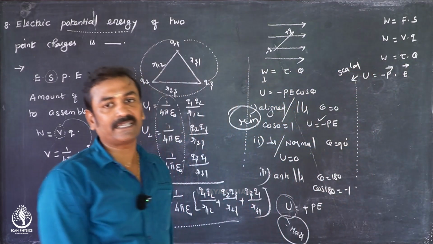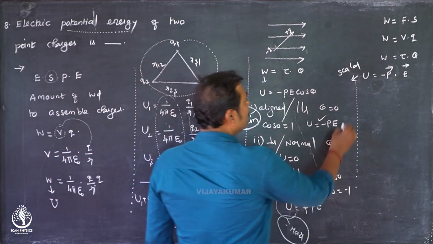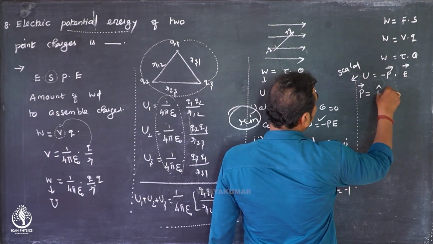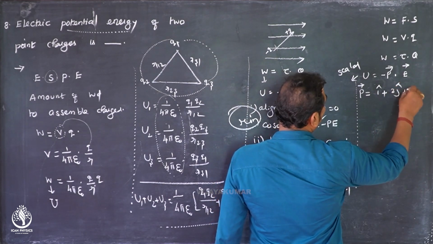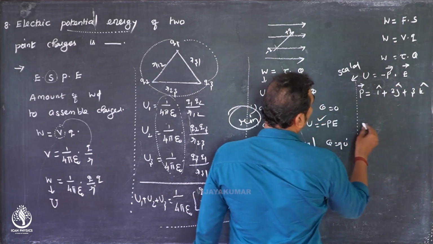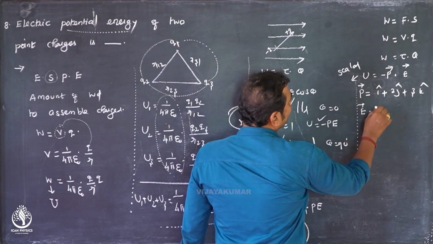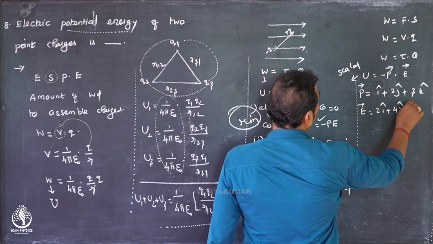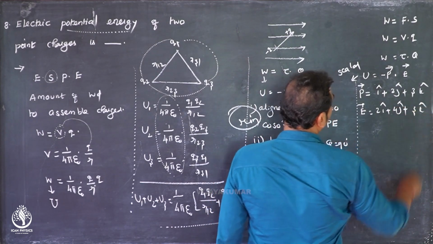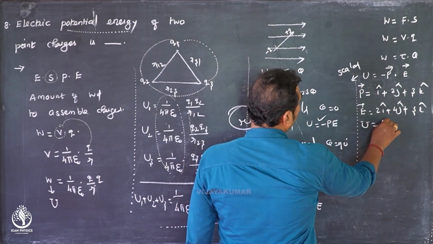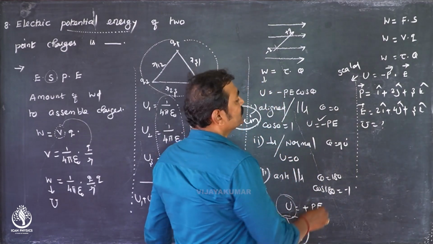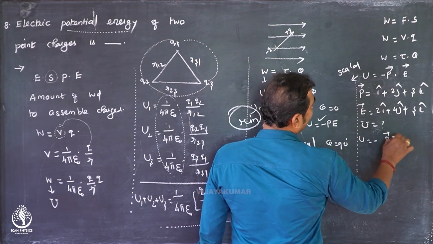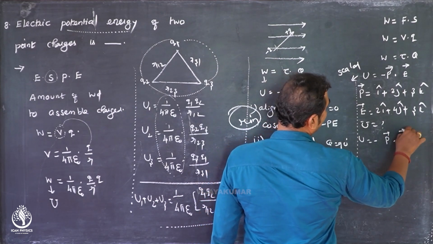Now the P vector equals i cap plus 2j cap plus 3k cap, and the E vector equals 2i cap plus 4j cap plus 3k cap. What is the electrostatic potential energy? It equals minus P vector dot E vector.